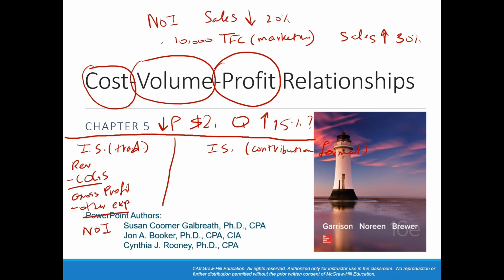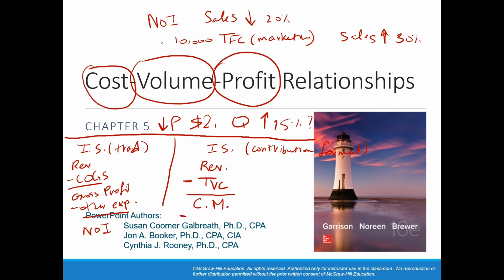In the contribution format income statement, you start with revenues and then you deduct total variable cost. And this total variable cost is partially comprised of cost of goods sold and partially from other expenses. When you deduct total variable cost from revenues, you will get the contribution margin.